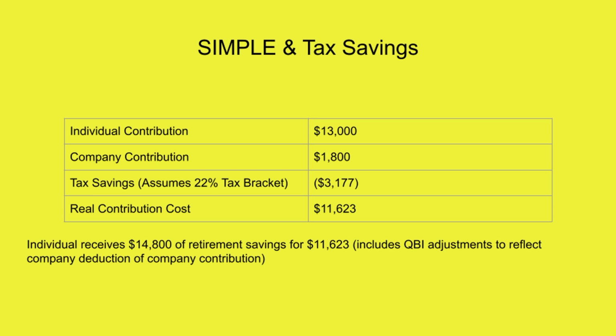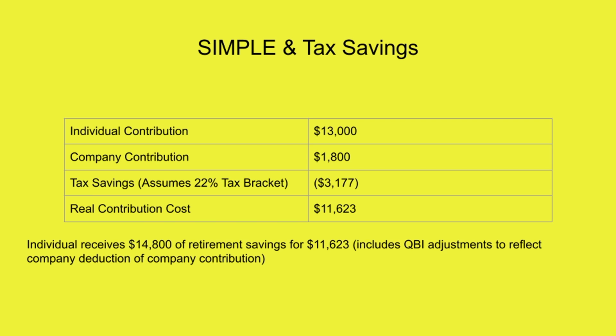So you are the employee, you're contributing $13,000. You own the company, which is contributing $1,800. Where I got $1,800 from, like I said, you can do 3% of the salary. I'm assuming a $60,000 salary here, which is where I get the $1,800 from.